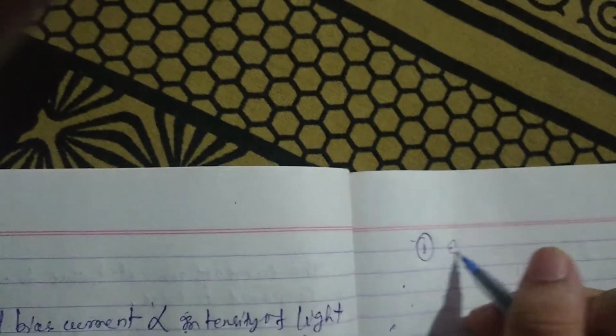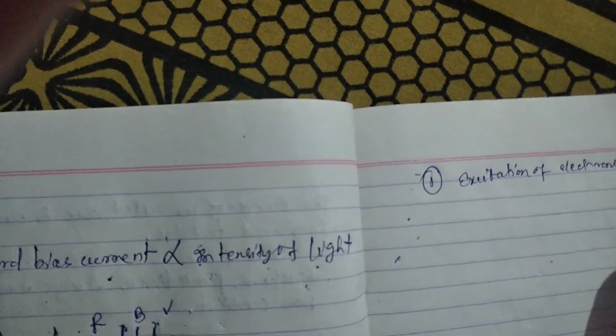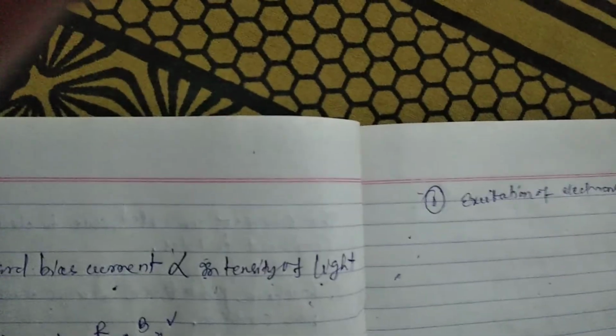When a radiation h nu is incident on the PN junction, what happens? First happens excitation of electrons from ground state to excited state.